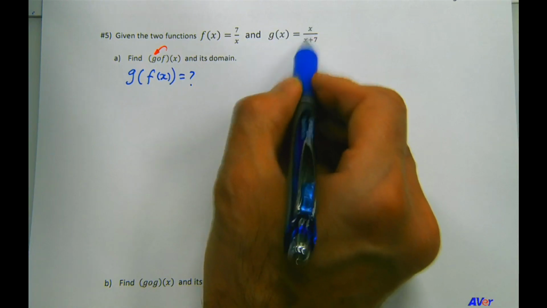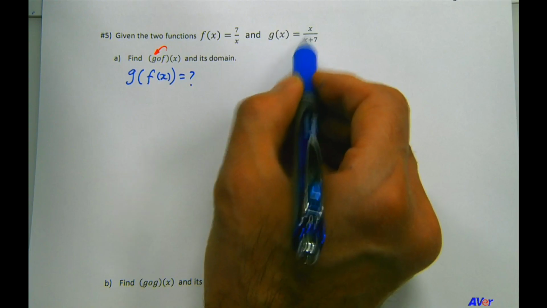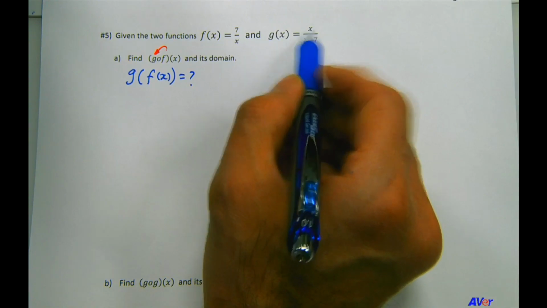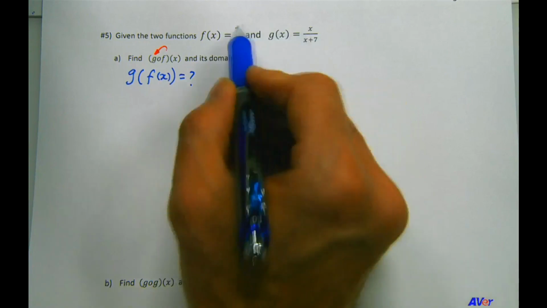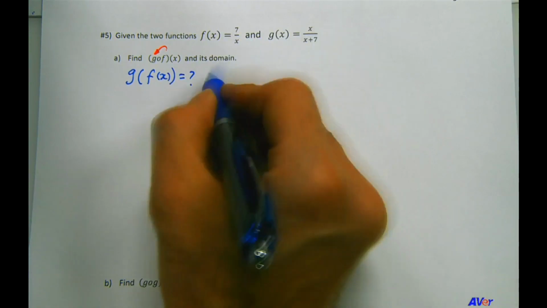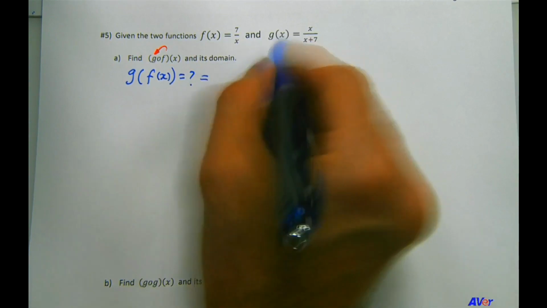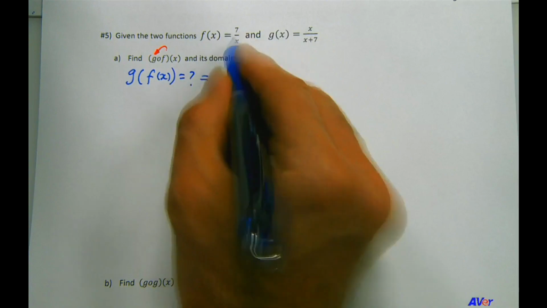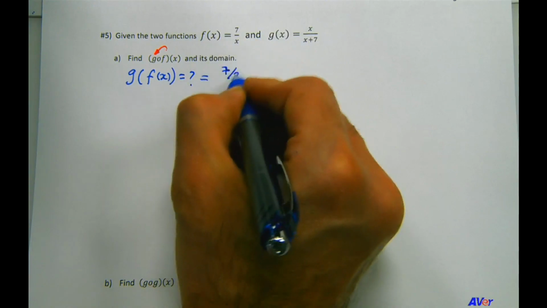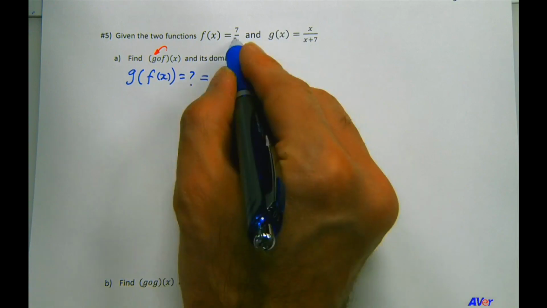It can change. It can become anything we tell it to be. So in this case, we're telling x to be 7 over x. So let's do that. Instead of x, replace it with 7 over x. In the denominator, instead of x, replace it with f.